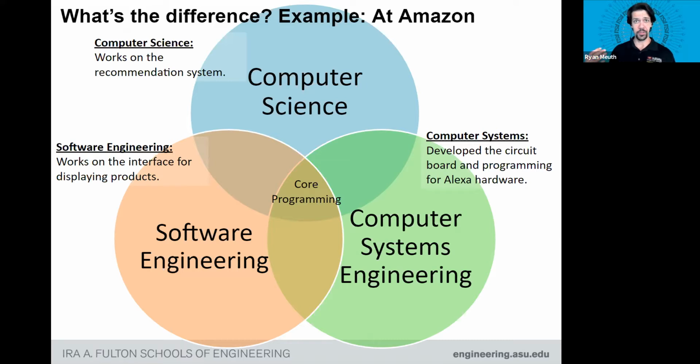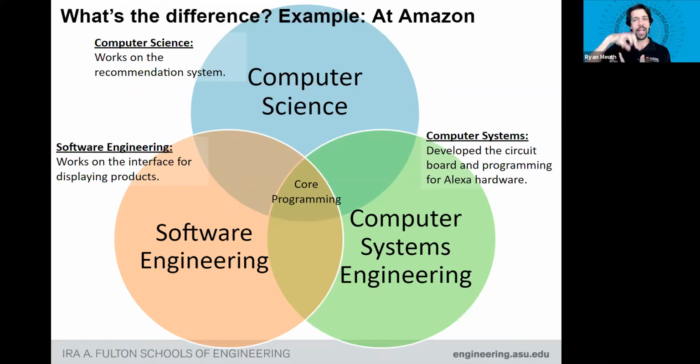And the computer systems engineer, if they're working for Amazon, might be doing things like designing the circuit board that goes in the Alexa physical products, or the software that lives on board the Alexa product to recognize when people are speaking to it, or to sample the audio information from the environment, recognize the Alexa wake words and stuff like that, and then communicate with Wi-Fi and send that information to the Amazon servers, and then get the response back and play the audio and all kinds of stuff like that.